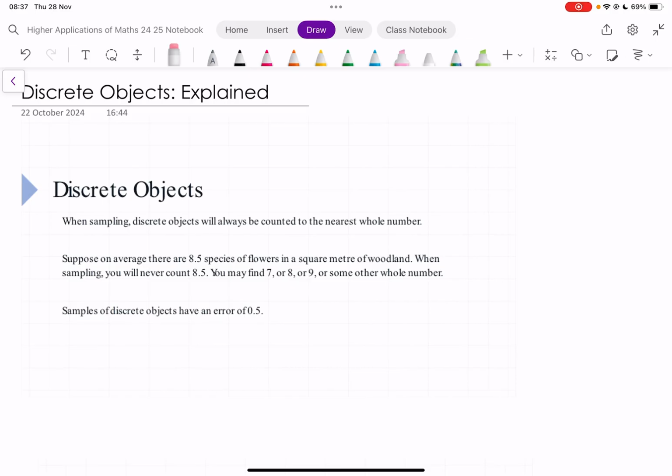Okay? So a fact that we just have to know is that discrete objects are always going to have an absolute error of 0.5. So think about that in terms of when we're rounding to the nearest whole number. So say I've got 3 metres and I've rounded that to the nearest metre. The smallest it could have been to allow that to happen is 2.5 metres, and the biggest it could have been to allow that to happen is 3.49 metres.